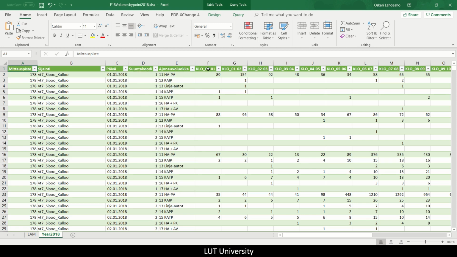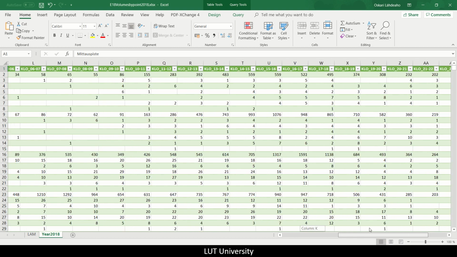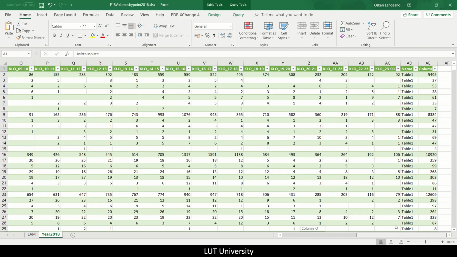And here we see that each hour the measurement station reports how many vehicles of a specific type went past this measurement point and what the direction of those vehicles was. And here we see that the whole day is covered until midnight.